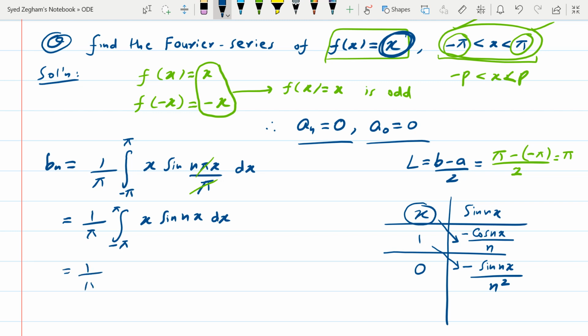this will become 1 over pi integral minus pi to pi. So let us multiply now. So x cosine nx divided by n with a minus sign, and the second part will become minus 1 into sine nx over n square.